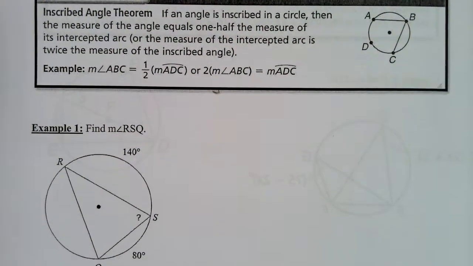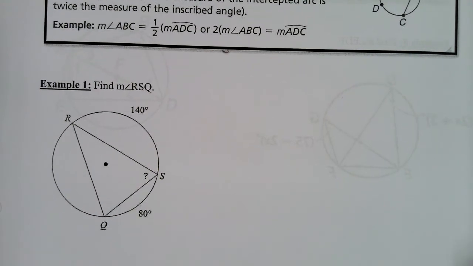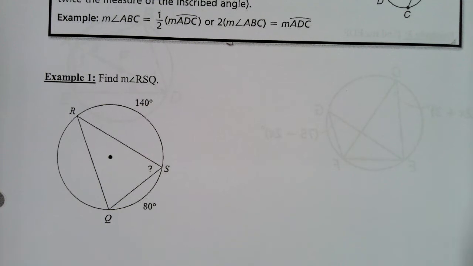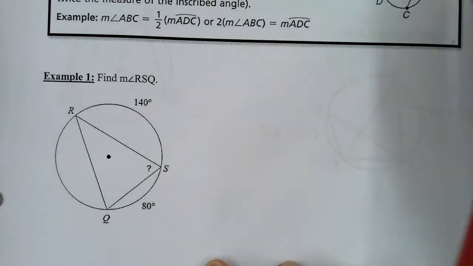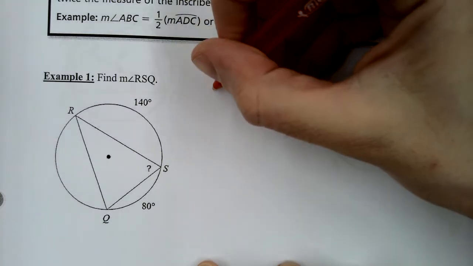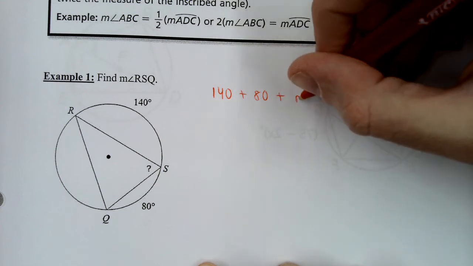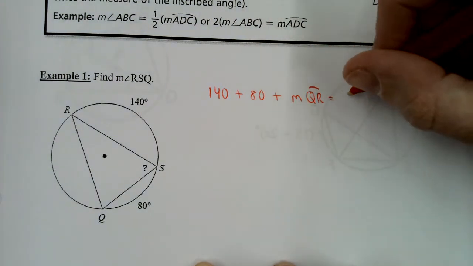Number 1, find the measure of angle RSQ. Let's find the missing arc first. All the arcs add up to 360. So 140 plus 80 plus the measure of arc QR has to equal 360.